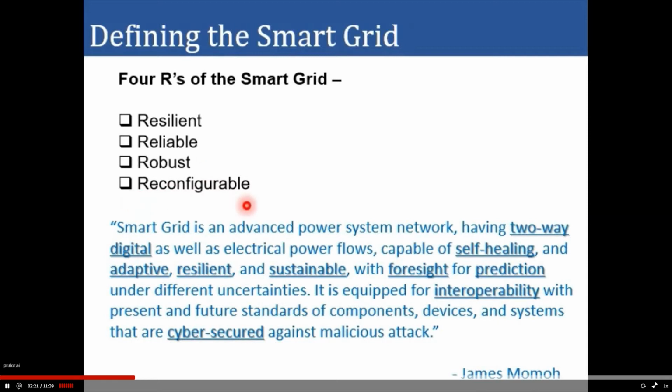Then the fourth point is reconfigurable. Reconfigurable means that if there is a problem and a set of power lines are out because of any fault, the system should reconfigure itself to restore the power to the connected loads through an alternate route.